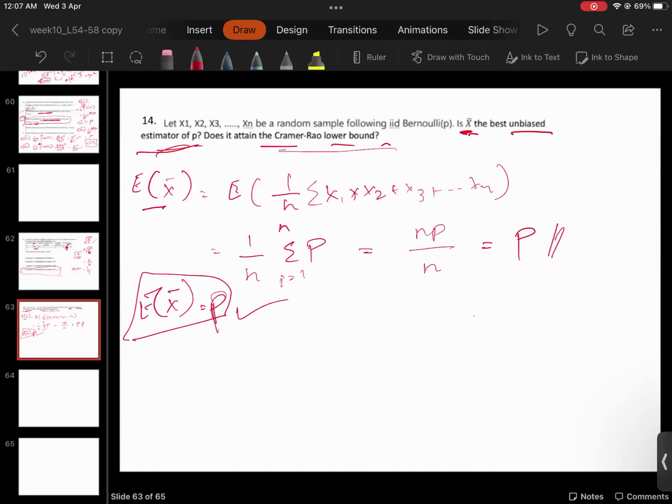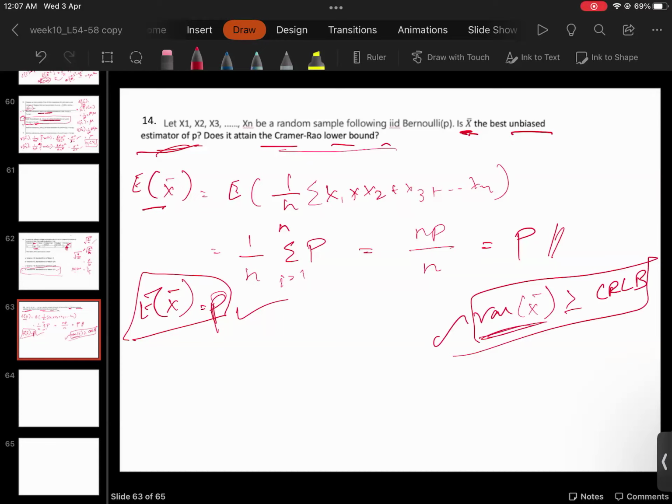So if variance of x bar is greater than or equal to CRLB, it is satisfied. So for this, we need to calculate variance of x bar, and we need to calculate the CRLB.